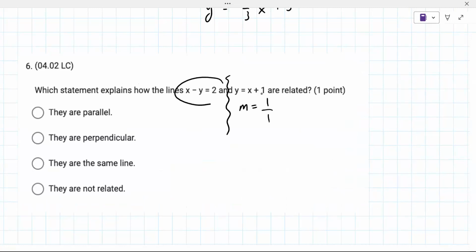Now, what I want you to do on the left here is solve for y. So this is x minus y equals 2.